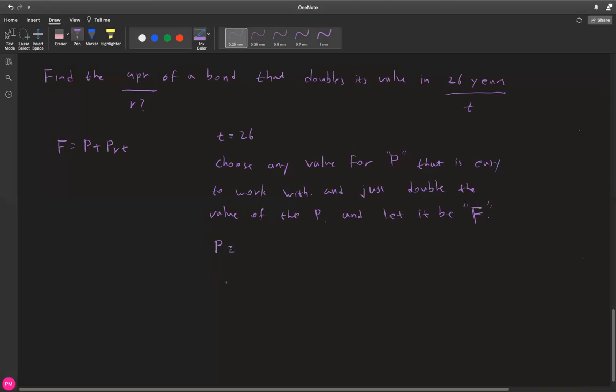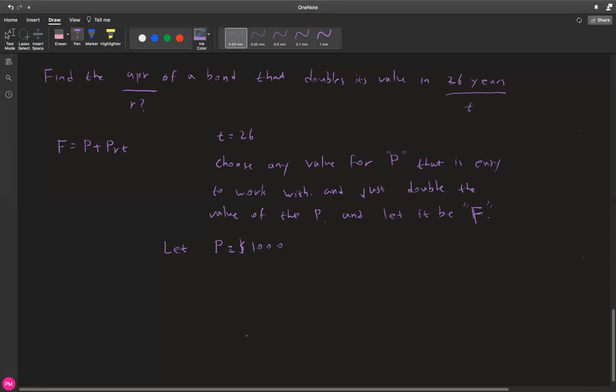You can say it was a bond that cost $1, or it could be $10, $20, or even $1,000. So let's say $1,000. We're letting the purchase price of the bond be $1,000.